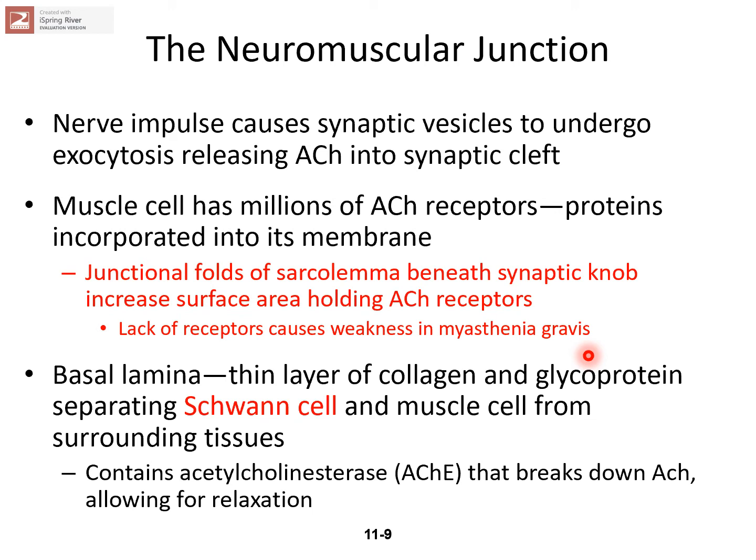A lot of times the condition worsens after long periods of activity, and when people rest up, their condition improves. There's no known cure for myasthenia gravis, but a lot of treatments are present to help manage the condition.